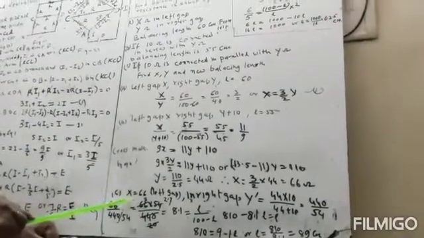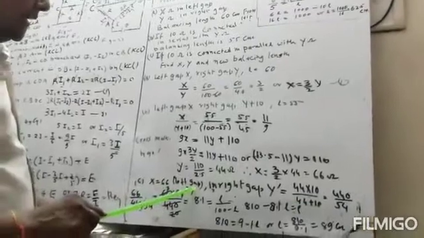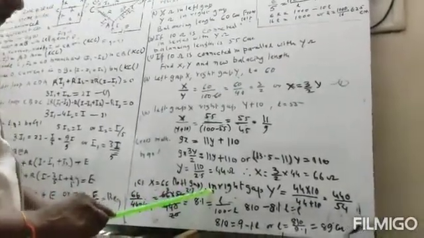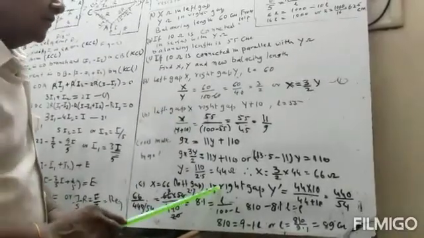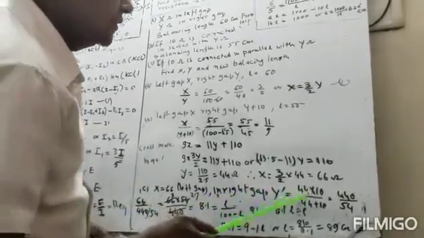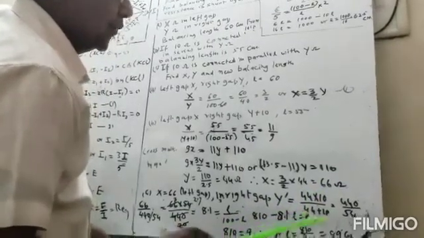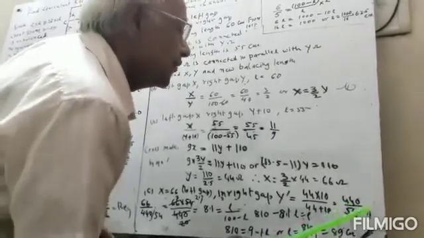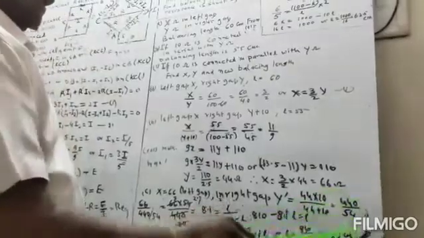Then x will be equal to 66 ohm, and in the right hand side the resistance, by parallel combination, will be equal to 44 into 10 by 44 plus 10, and this will be equal to 440 divided by 54. This will be resistance in the right gap.